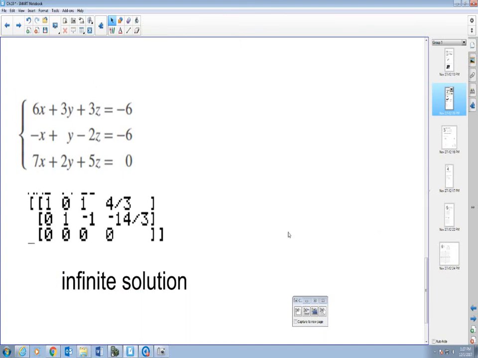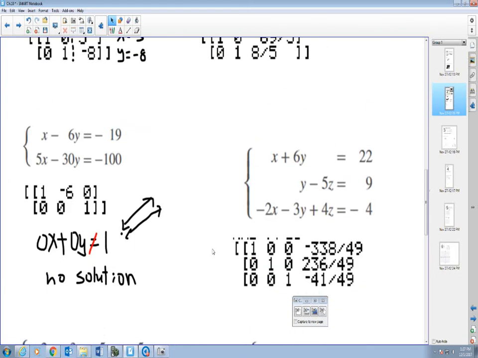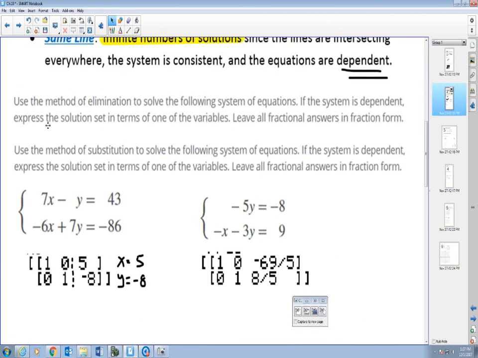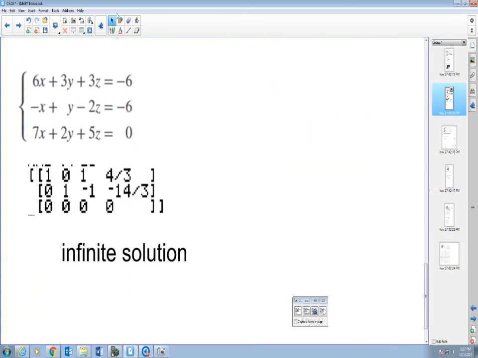Alright, so infinite solution is where equations are dependent on one another. So the problem says express the solution set in terms of one of the variables. Leave all fraction answers in fraction form. So we can say this is either x plus z equal to 4/3, or we can say this is y minus z equal to negative 14 over 3.